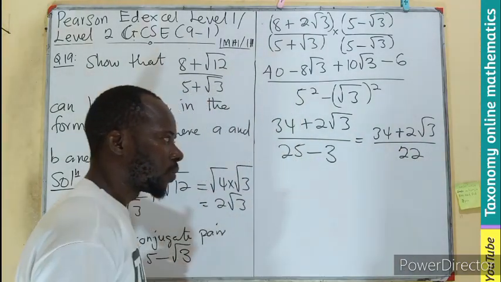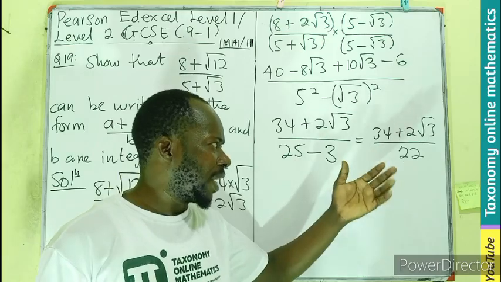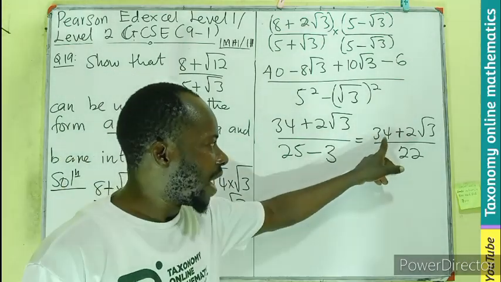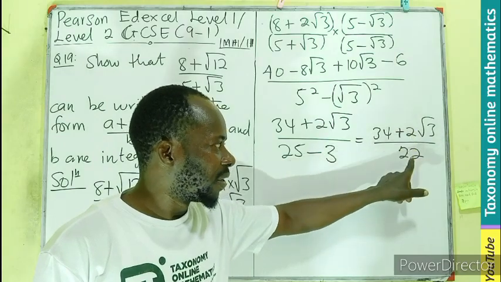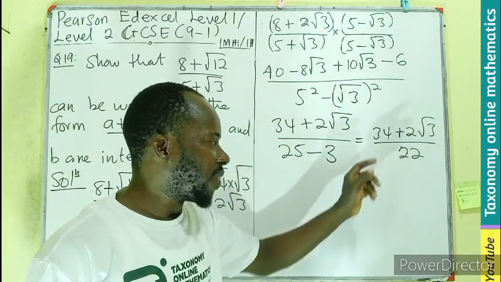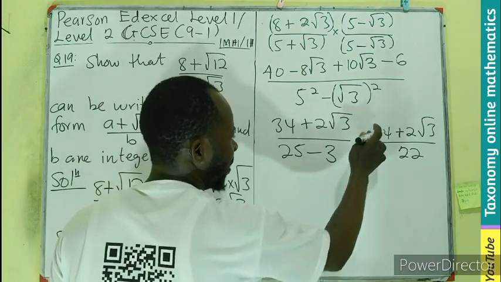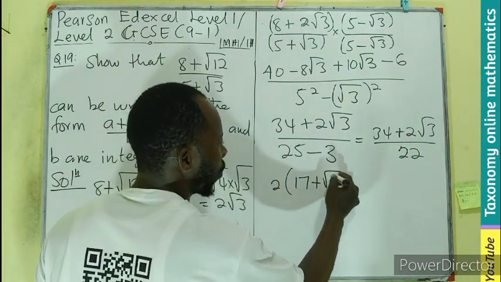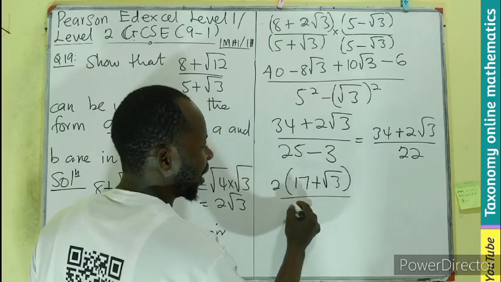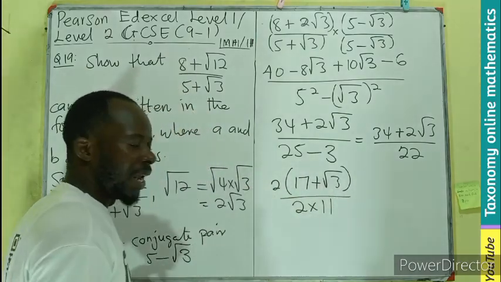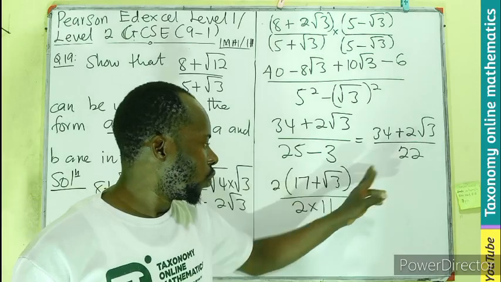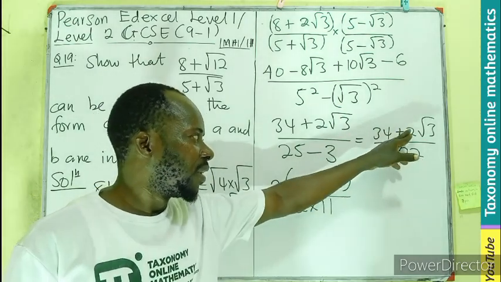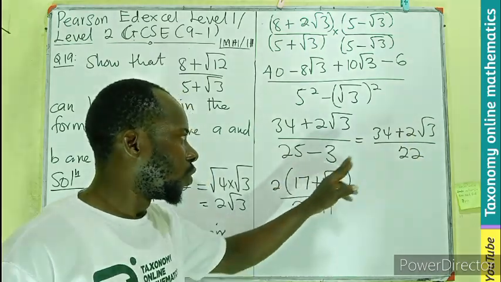So 22. We can find common factors that can divide them. I know 2 can divide this, it can divide this, it can divide this. So if I rewrite this as 2 into bracket 17 plus the root of 3 divided by 2 times what? 11. 2 times 11 gives us 22. 17 times 2 gives us 34. 1 times 2 gives us 2.